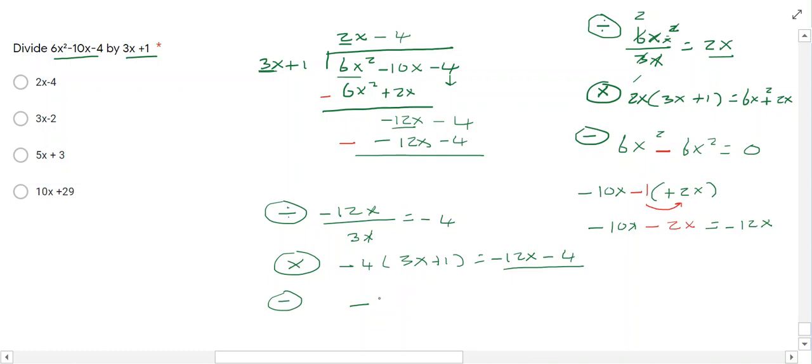So you have minus 12x minus, which is the operation, minus 12. So this is a double negative, so remember this means minus 1. So it's minus 1 multiplied by what's inside the bracket. That changes the sign. So this then becomes minus 12x plus 12x, and that's equal to 0.